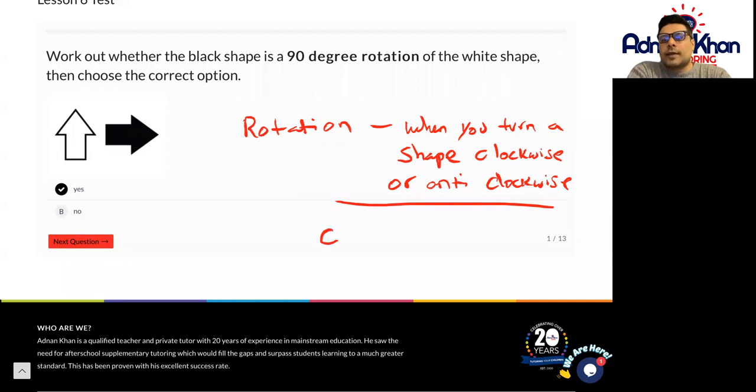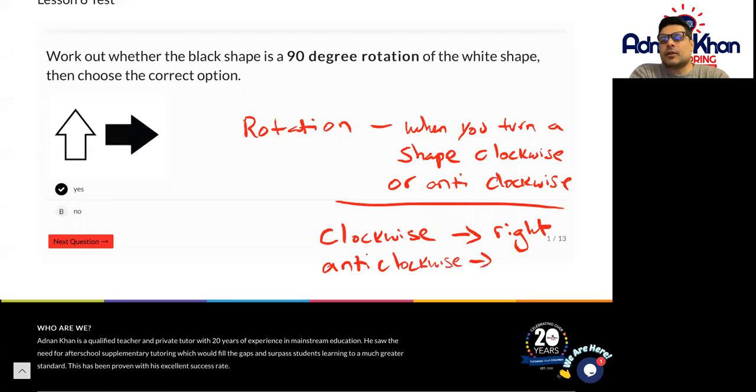Now, clockwise means you turn right because the clock hands obviously turn to the right, and anti-clockwise is the opposite, which means that you turn to the left. Okay, so clockwise means you turn to the right, and anti-clockwise means you turn to the left.